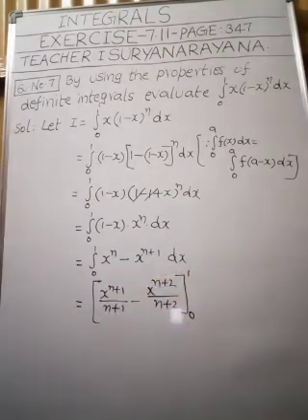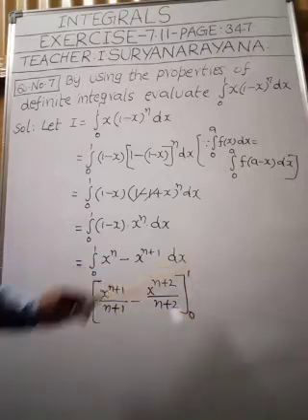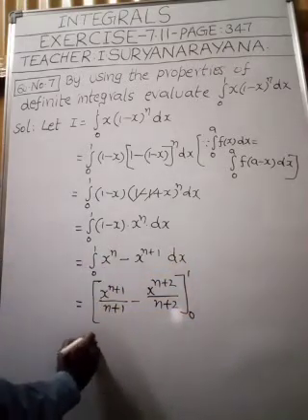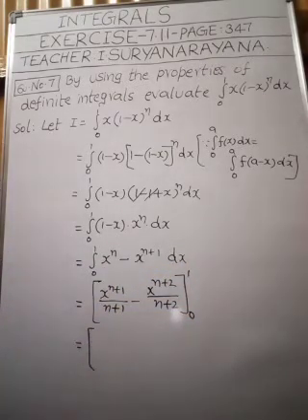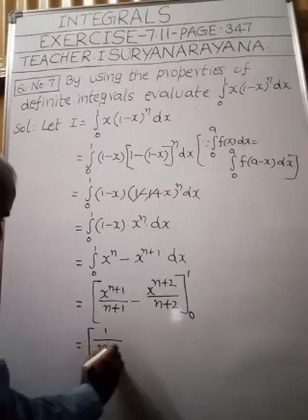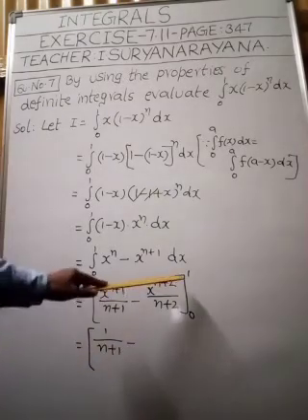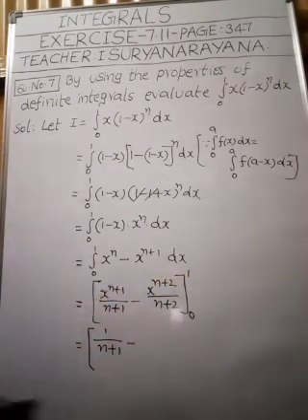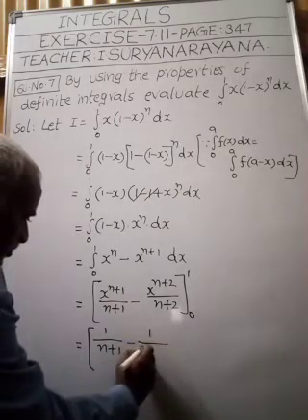We substitute limits, lower limit and upper limit. Let us substitute upper limit in this function. What you get? 1 power n plus 1, 1 by n plus 1, minus, in the place of x we write upper limit, 1 by n plus 2.